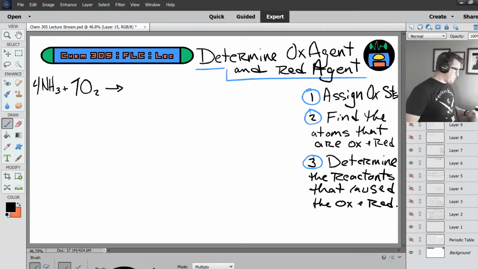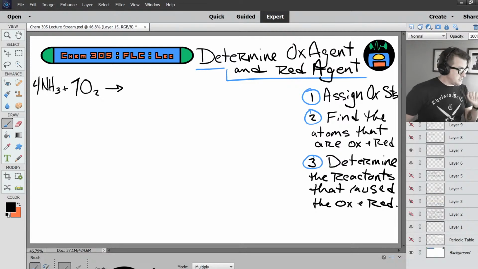Kate, great question. What if there are more than 2 reactants?